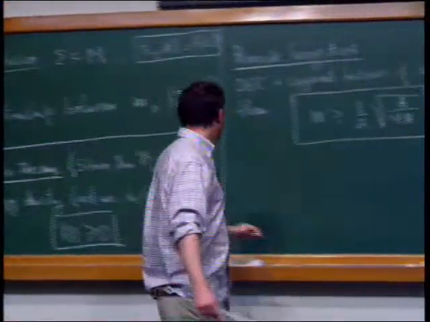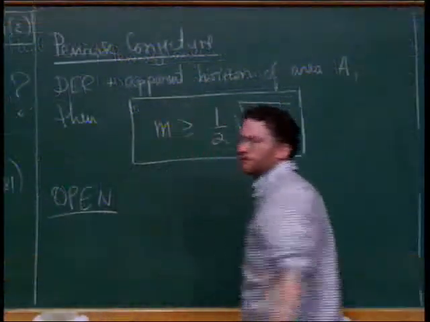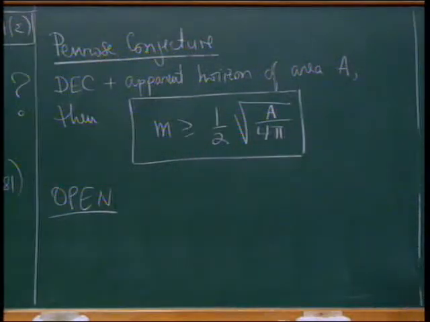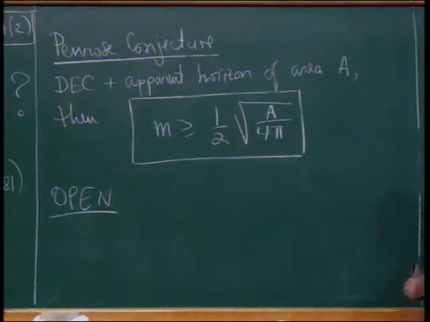So this is open. This is an open problem in this generality. There are some results, but in this generality it's an open problem, even in 3 plus 1 dimensions. Actually, Penrose apparently was trying to think of an argument to prove something that has to do with the full evolution of the Einstein equations.